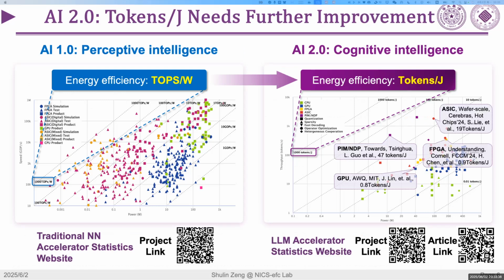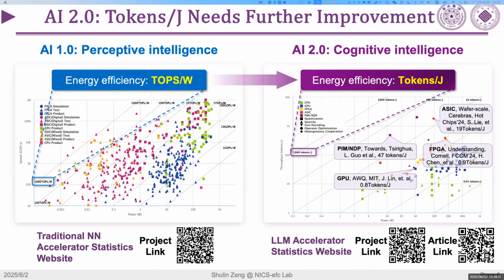So what is the key optimization goal that we have to achieve when we do the software and hardware optimization? Here shows the key goal, that is energy efficiency. Back in AI 1.0, which is perceptive intelligence, all we do is optimize the TOPS per watt, because all these CNN or RNN models need a lot of computation capability.